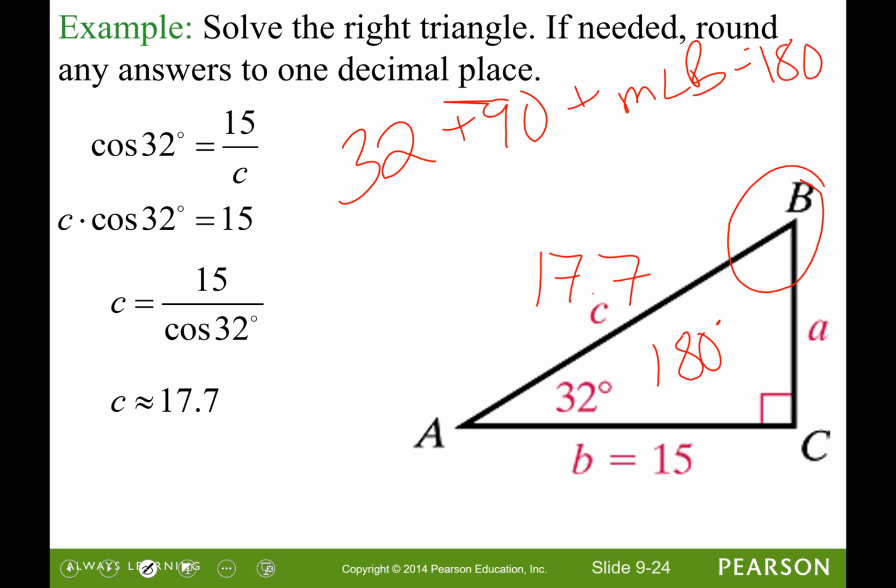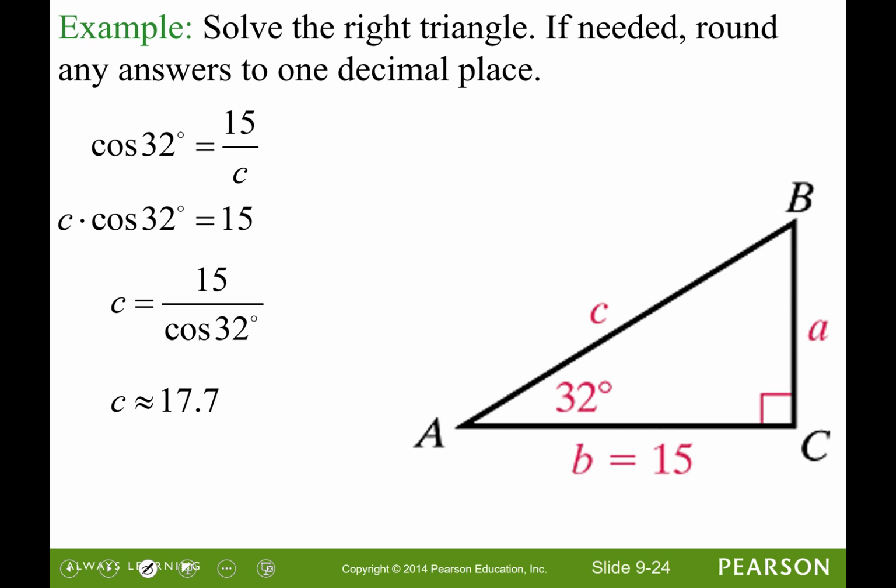So that's 90, that's 122 plus the measure of angle B equals 180. So subtracting 122 from both sides, that will give us the measure of angle B is 58 degrees.